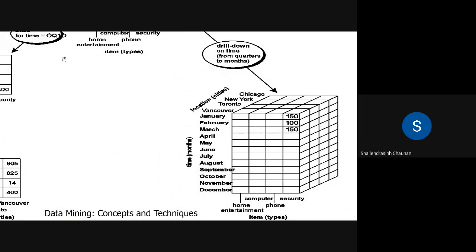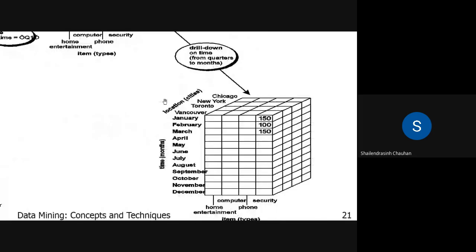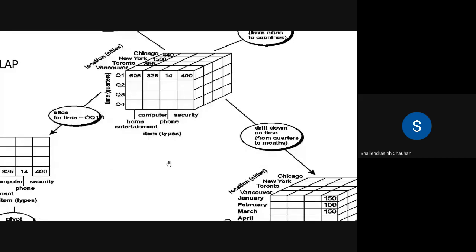Previously we had quarters, and the location dimension is at the city level. With respect to Vancouver city, security items in the first quarter, in total we sold 400 items.